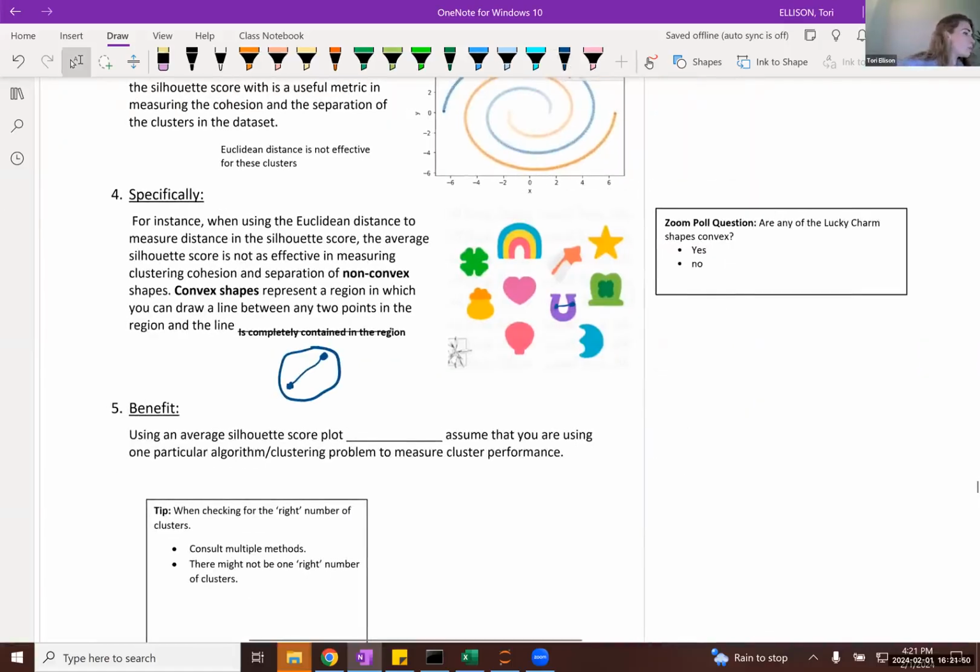So, Zoom poll for you guys. Do we think that any of the Lucky Charms shapes are convex? Yes or no? Give me a few more seconds.